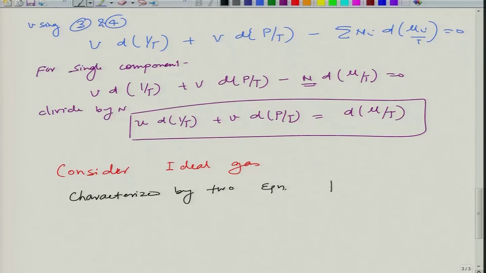One is, of course, we know the equation of state, which is Pv = nRT, and the other is that internal energy is proportional to nRT, and the constant is C, the proportionality constant, which is 3/2 for monoatomic.